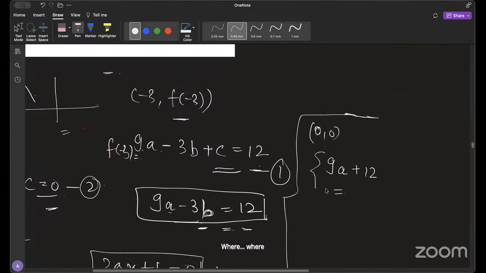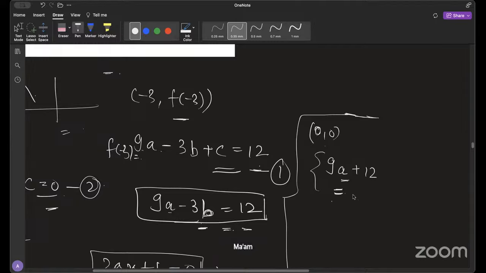Where do you get this thing from? 9a plus 12 is equal to 9a minus 12 is equal to 24. Hold on. Just say what you're saying and I'll write it here. 9a plus 12 is what?